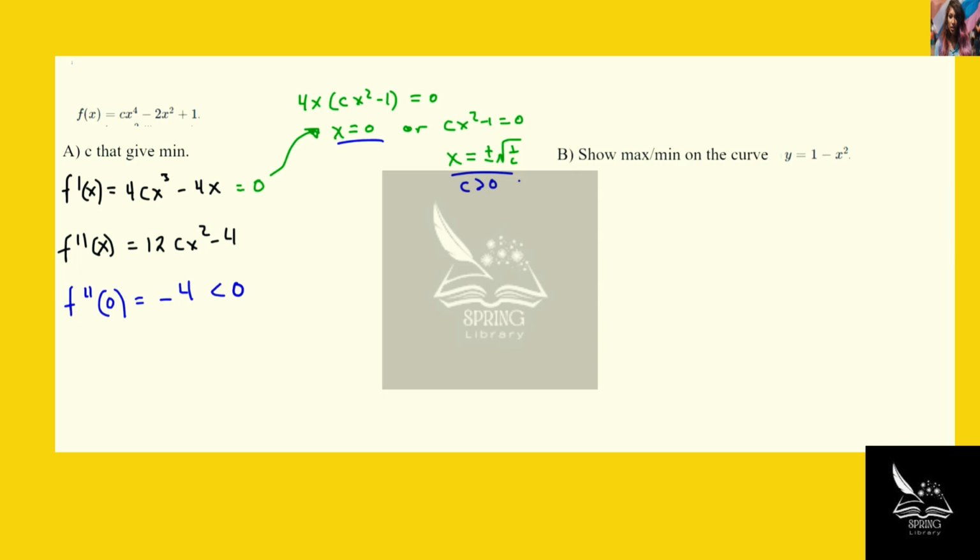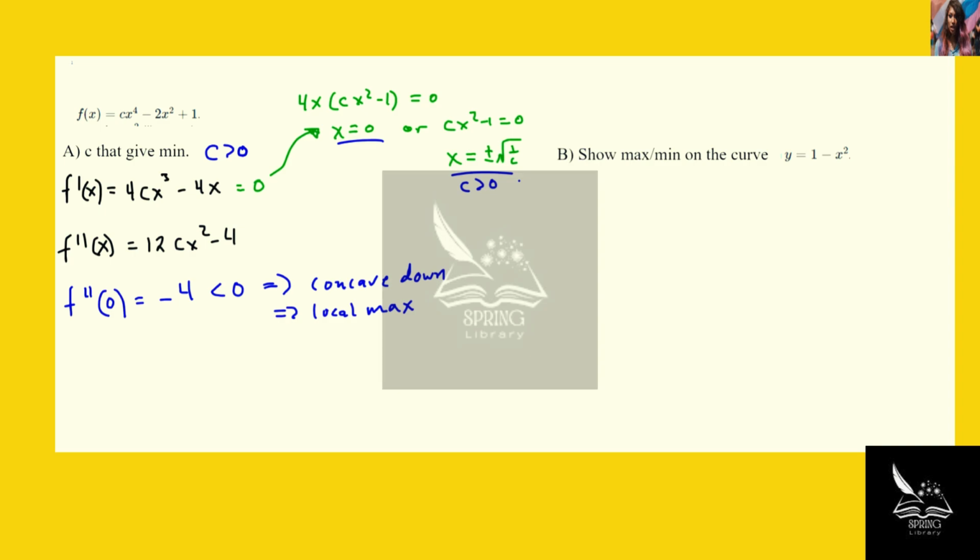Well, that's strictly less than 0, which implies the function is concave down at that point, and the second derivative test tells us this is a local max. So if we are going to have a minimum, it has to be c strictly greater than 0, since x is equal to 0 will always be a local max.